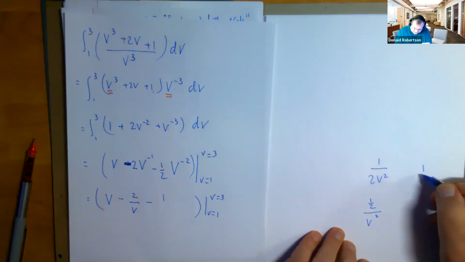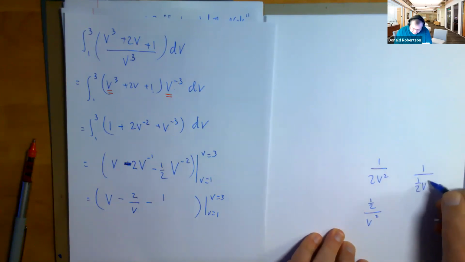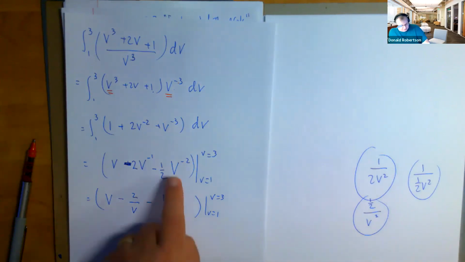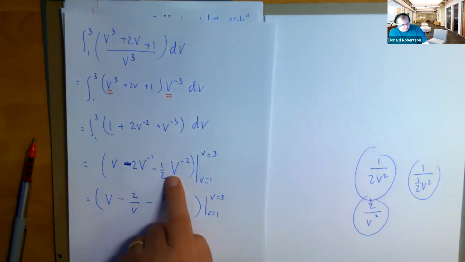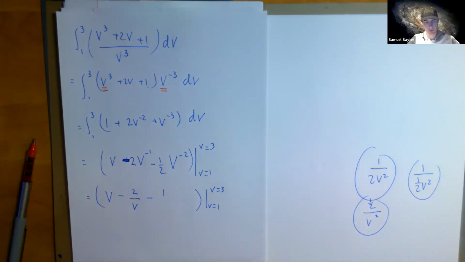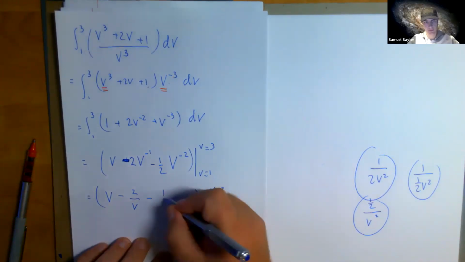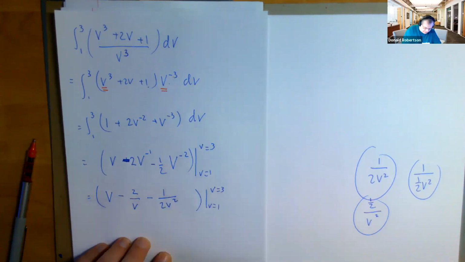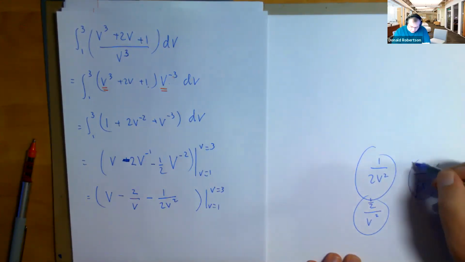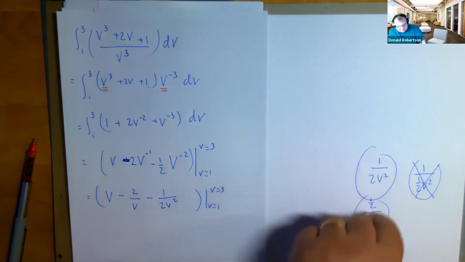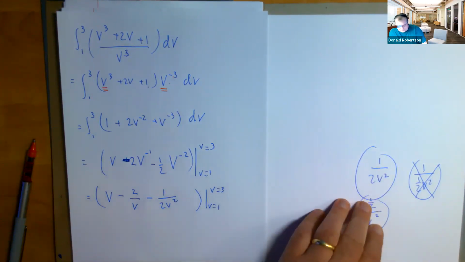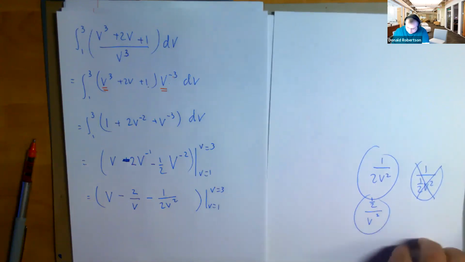Or is this guy 1 over 1/2 v squared? Who is this guy? 1 over 2v squared, divided by v squared. Agreed. Definitely know that one. Do you know this guy and that guy are equivalent? So I guess it wouldn't matter too much. Okay, right, back to the original problem.